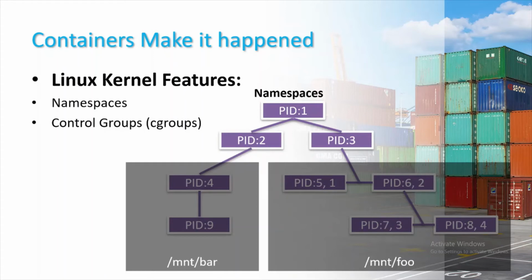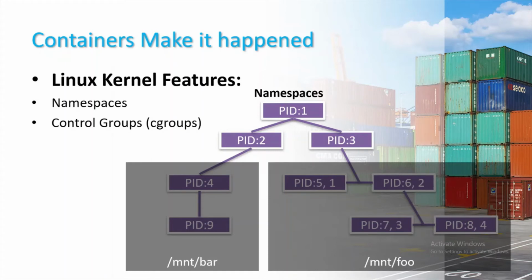Namespaces work in the same way. Our operating system can see every process that is running on it. But for the containers, we want the container to see only the things that it is running.